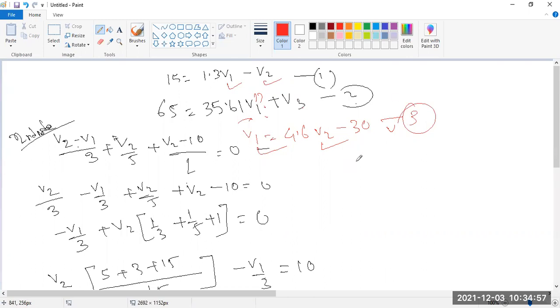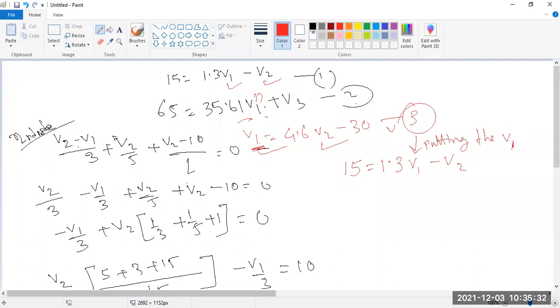Look, write down here: 15 equal to 1.3 V1 minus V2. Just put this V1 value. Here is equation 2; put the value from equation 3 for V1.